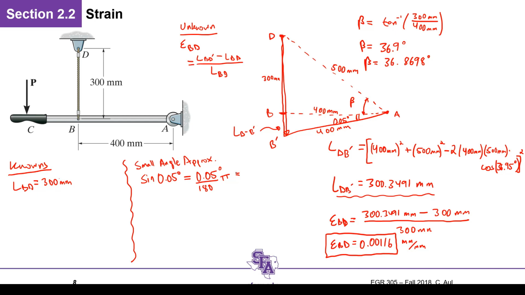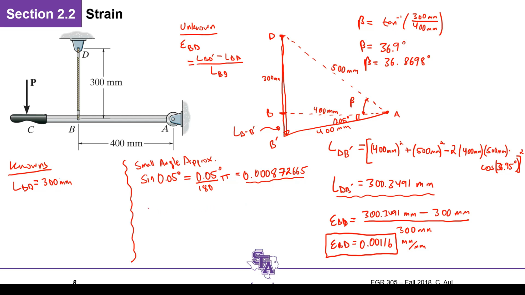It is 0.05 divided by 180 multiplied by pi. It is 0.008726665. Of course, it's not that many significant figures. You can write this in scientific notation.